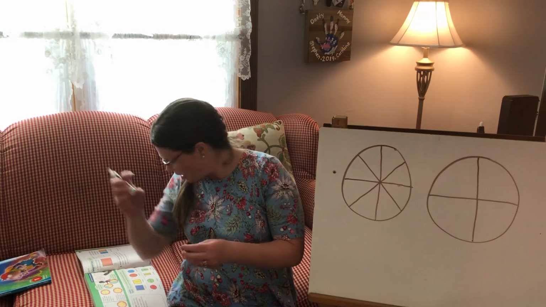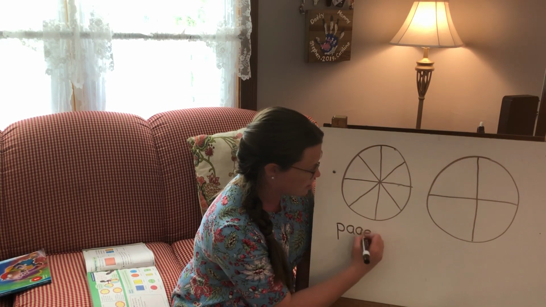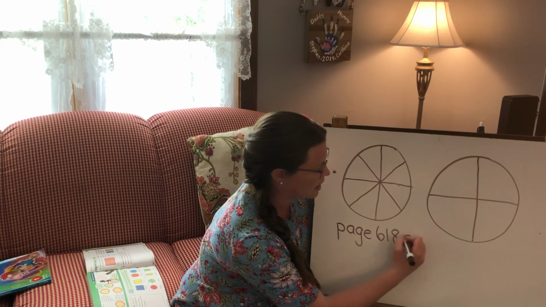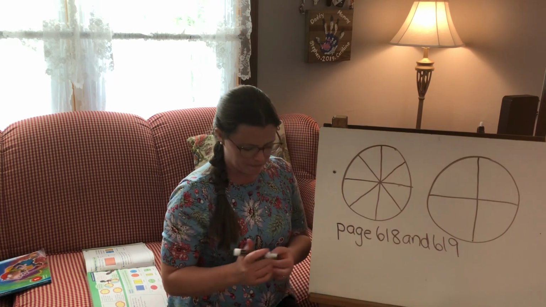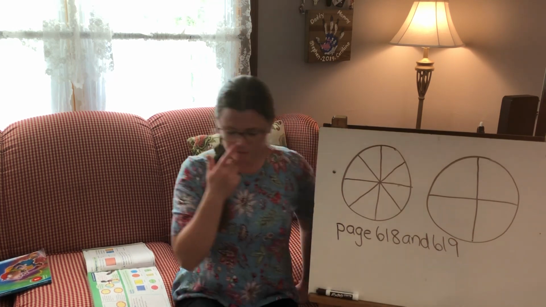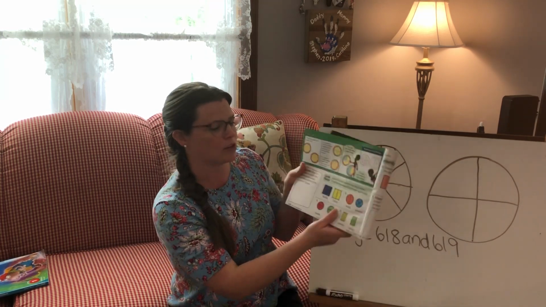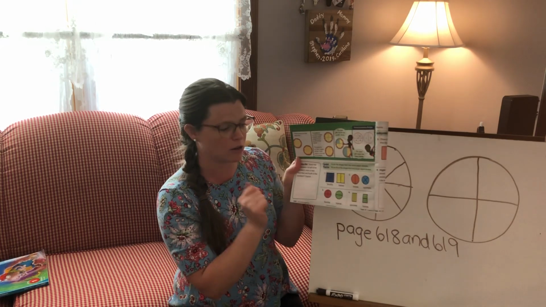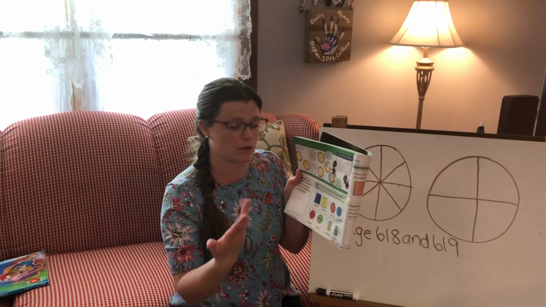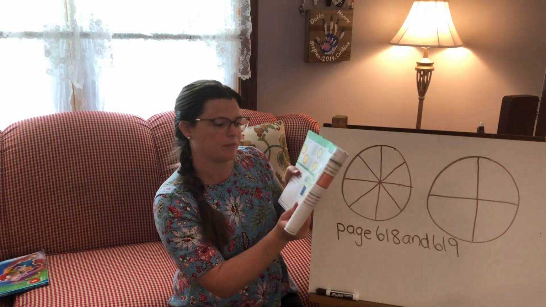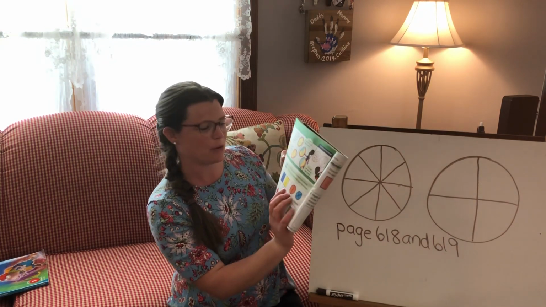Hopefully. All right, so today you are on page 618 and 619. For this part, you're going to put an X on the one that has bigger pieces and circle the one that has more equal shares.